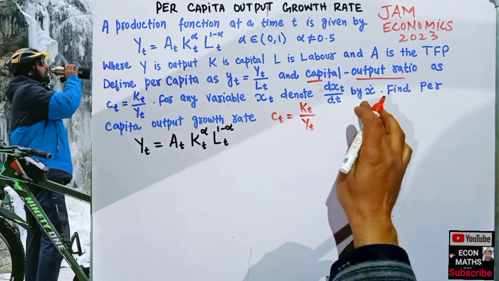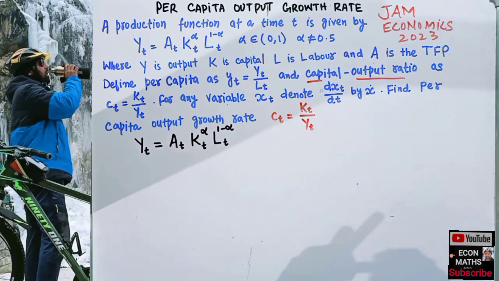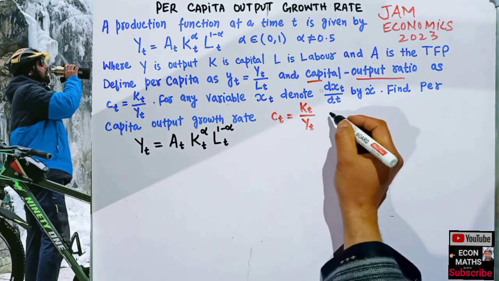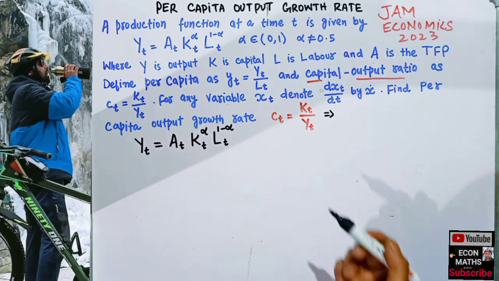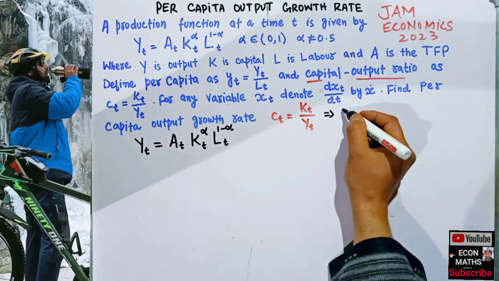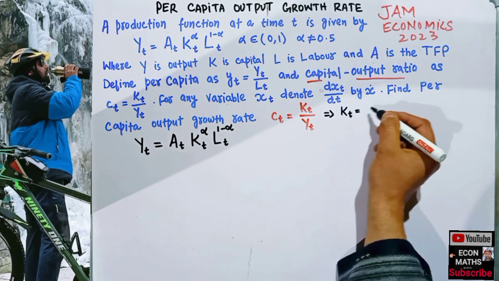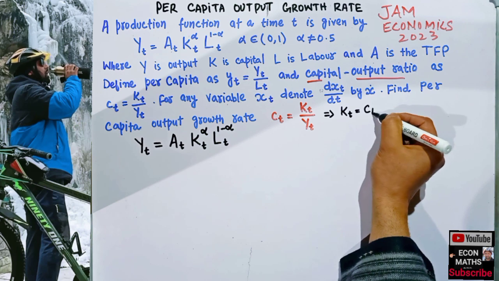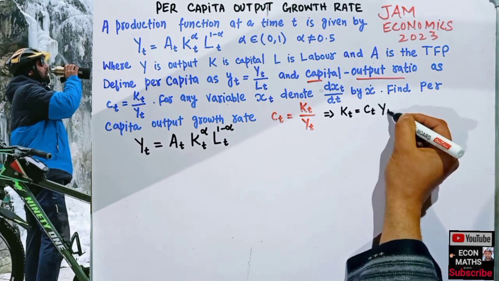Here I cannot differentiate between capital K and it will get confused. That's why I am using C here. So our capital output ratio is given here. This can also be written in this form, that means K_t = C_t times Y_t.